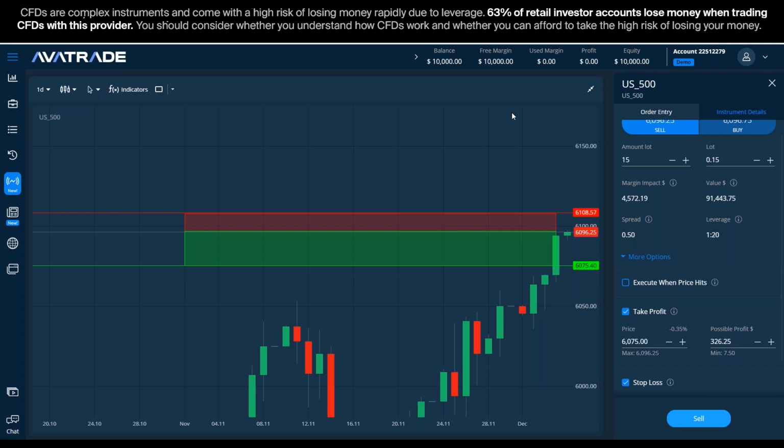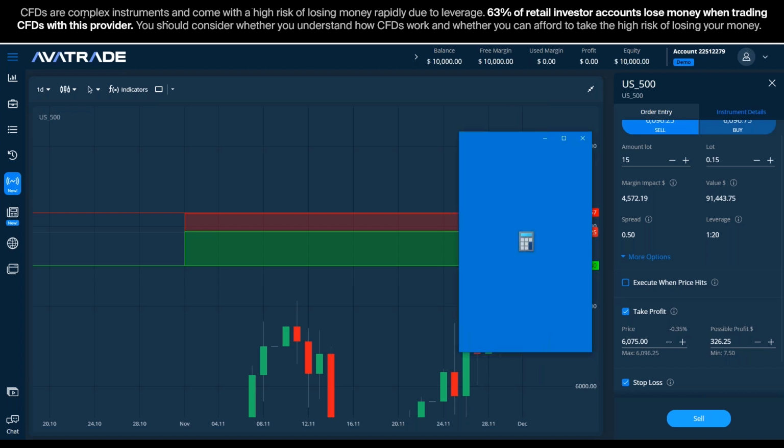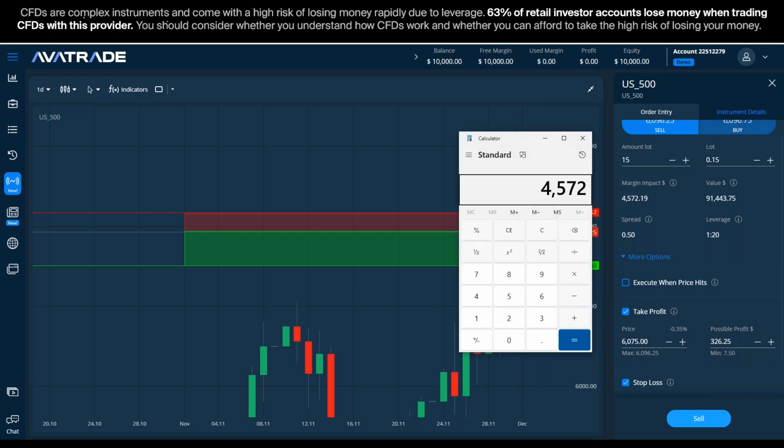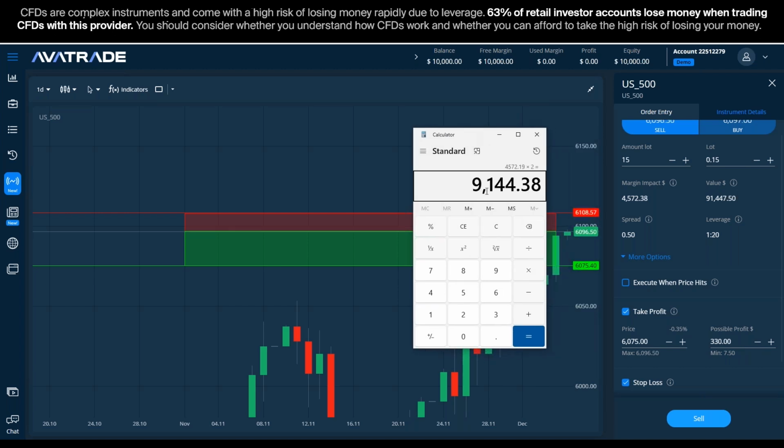Let's be accurate about it. Okay, so assuming we're going to take 2 positions like this now, and then we have 9,144. So out of my 10, this is quite considerable percentage. Okay, so having the ability to increase does not mean that we necessarily want to go for it.